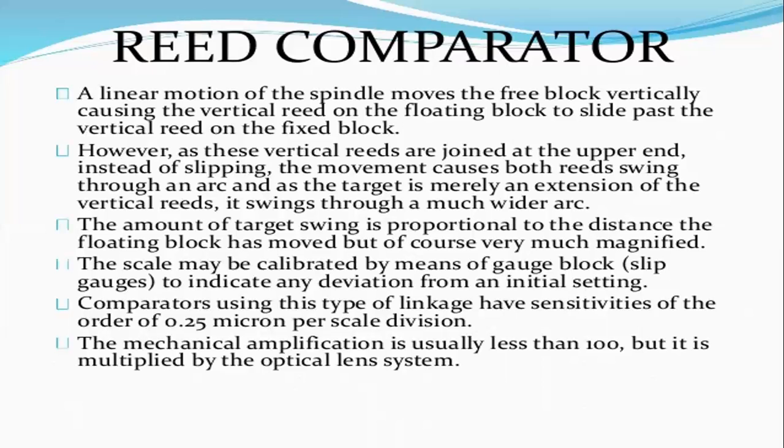The mechanical amplification is usually less than 100, but it is multiplied by the optical lens system. So generally the mechanical amplification is less than 100, but this should be multiplied by the optical lens system.